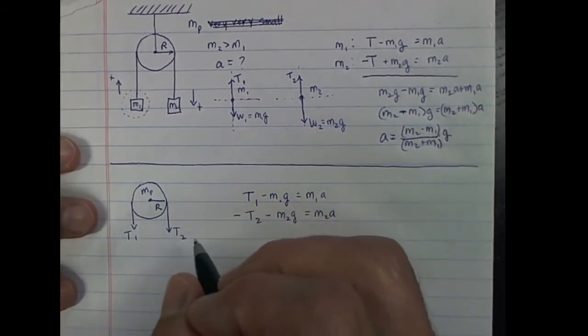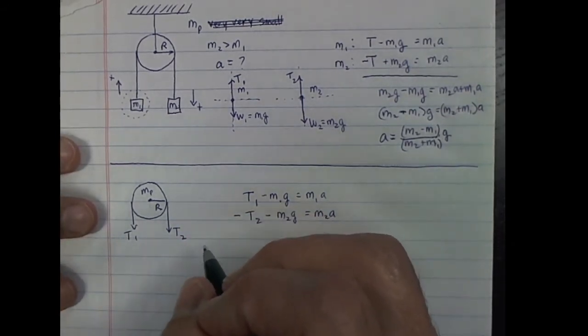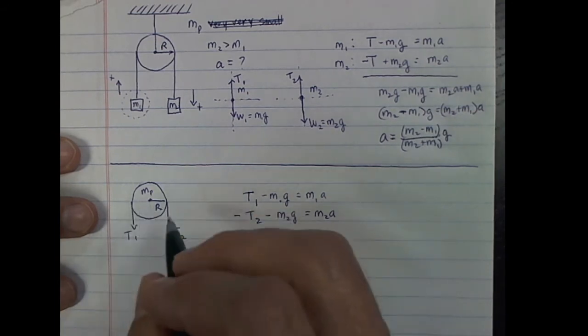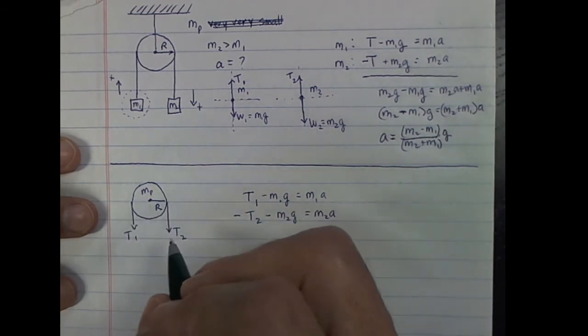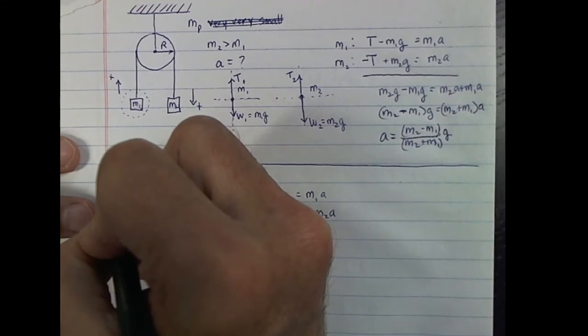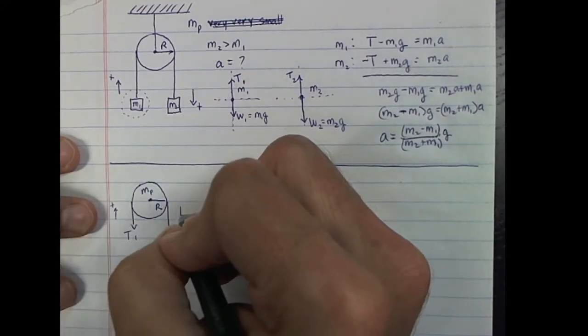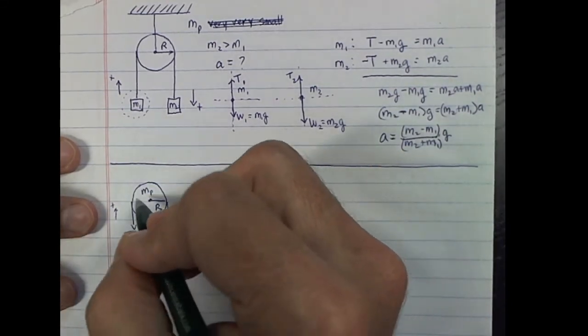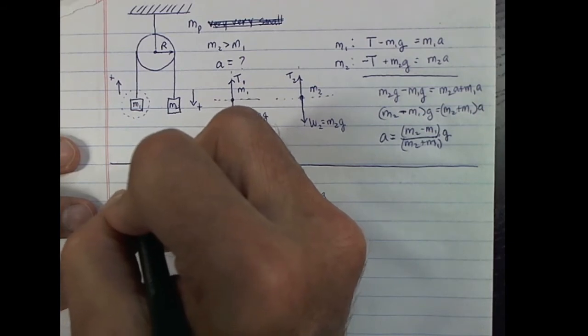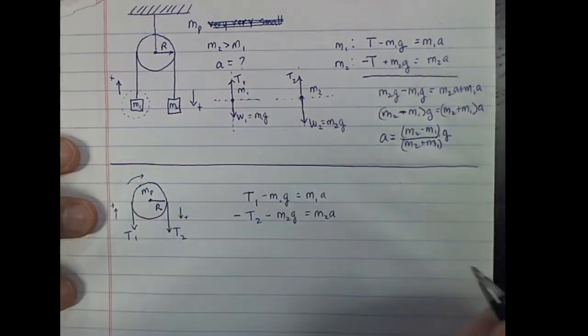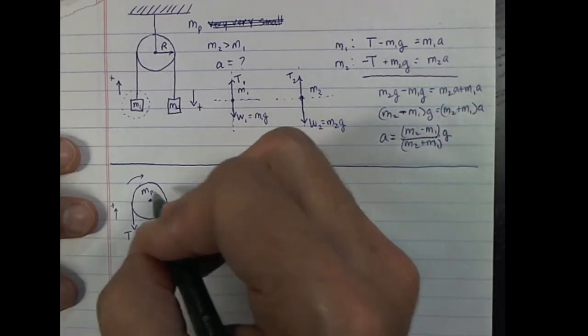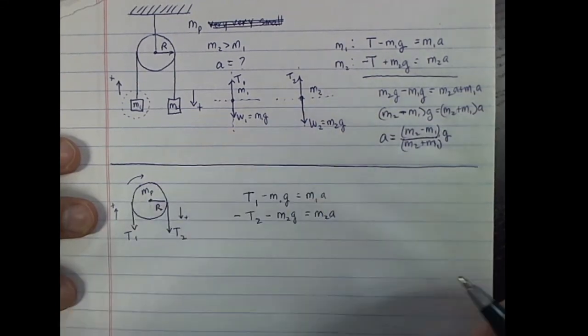What we're going to use now is Newton's second law for torques, for rotational motion. If we call up positive here and down positive here, then I'm going to think of positive torques being this way, because they would cause it to rotate that way, and negative torques this way.